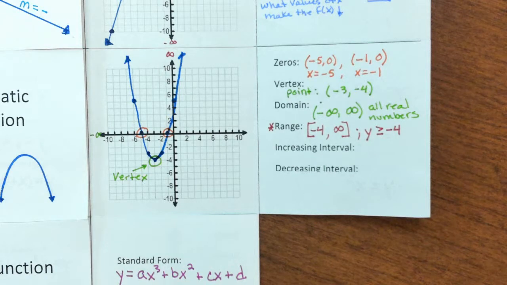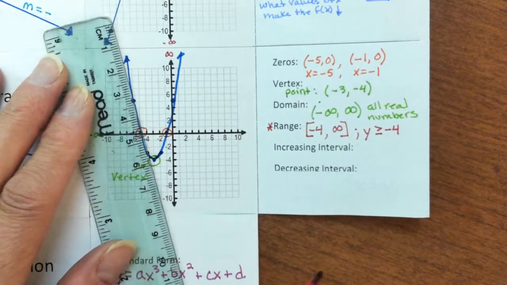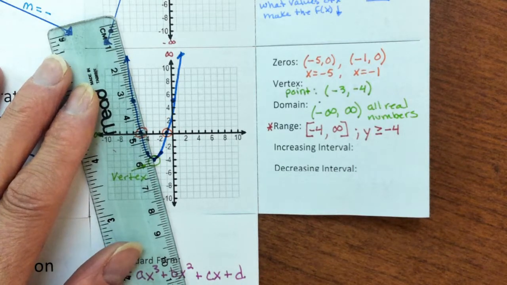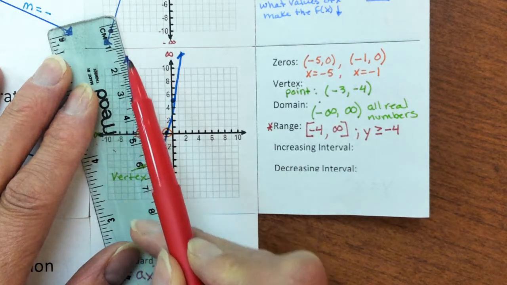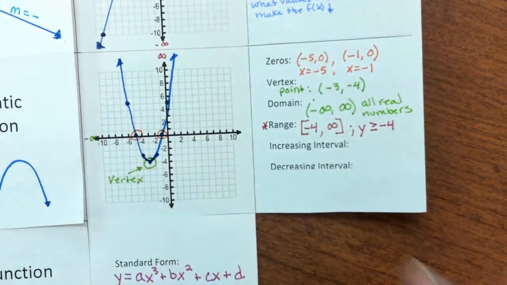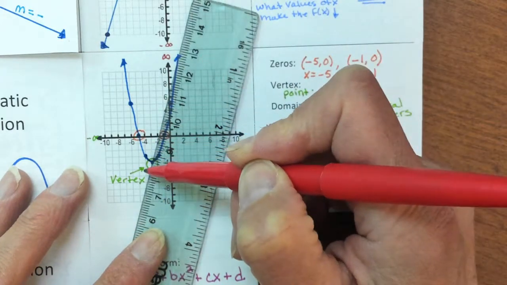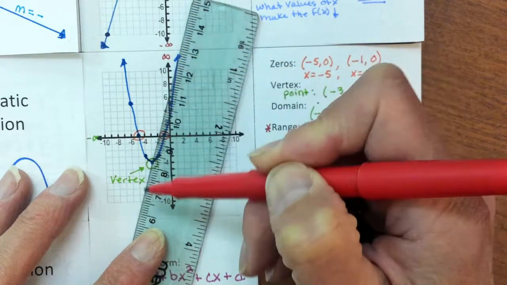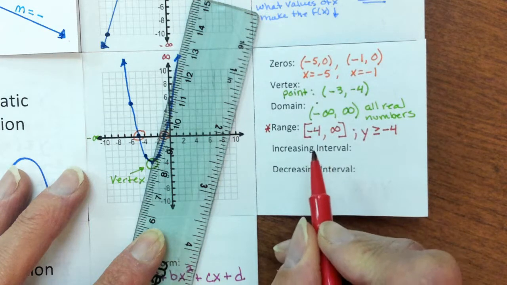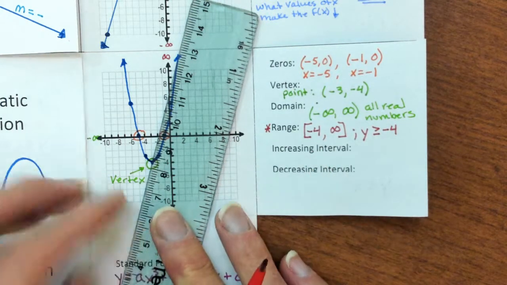Looking at this parabola, from the top to my vertex it looks like I have a negative slope if I were to draw a line. And on the other side, it looks like I have a positive slope. So that vertex is separating my increasing and my decreasing interval.